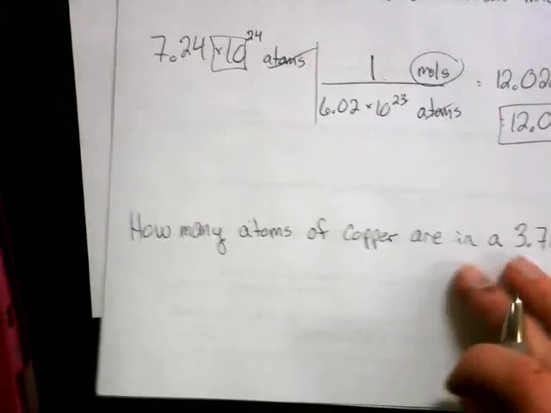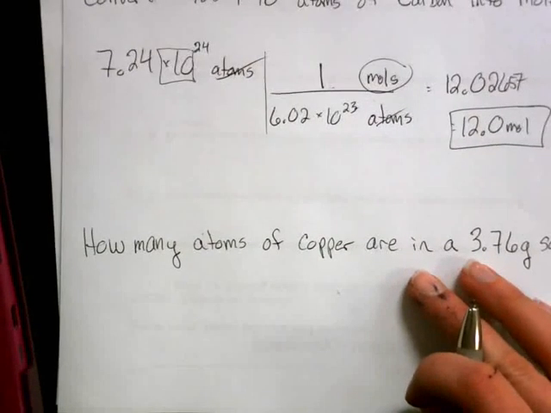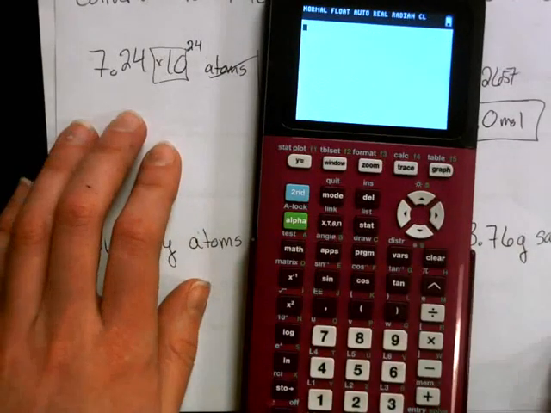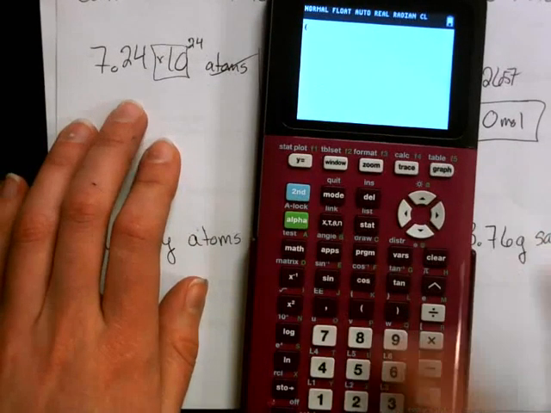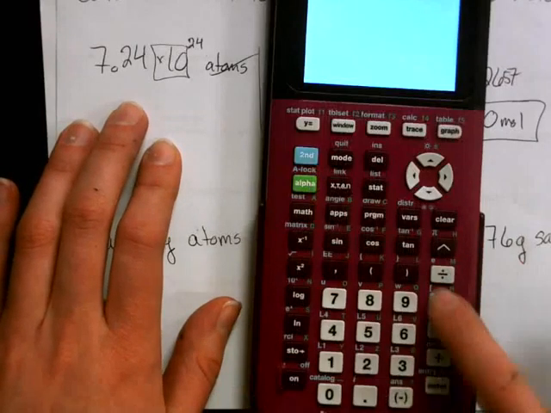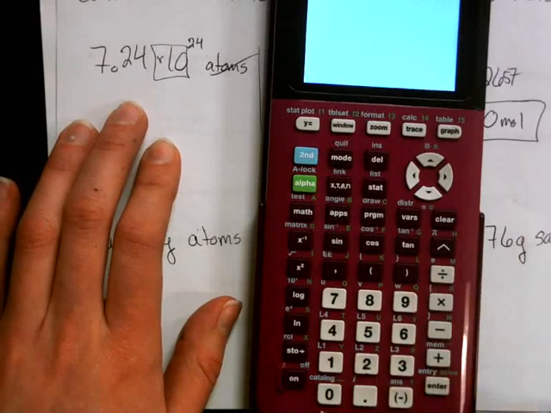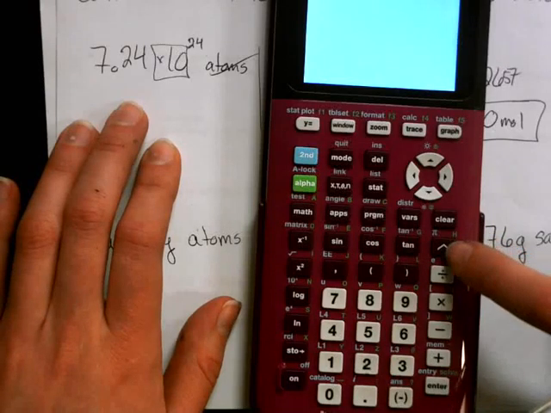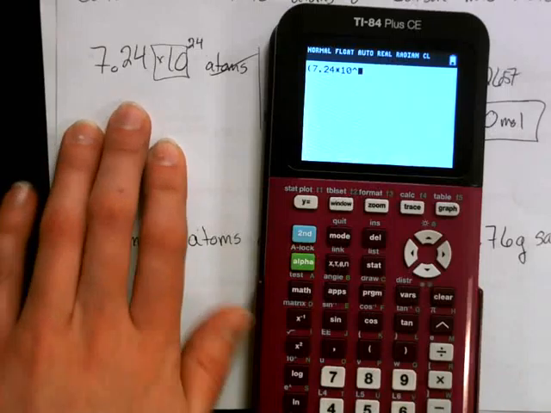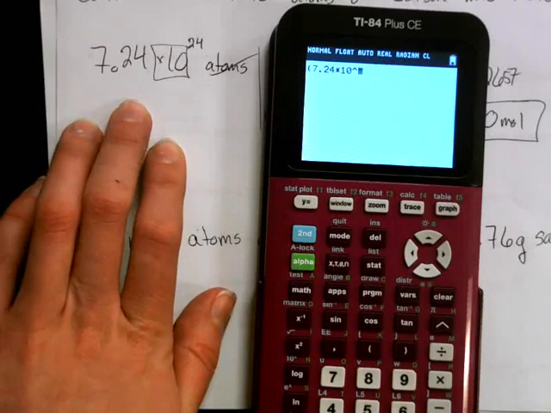Now, if we want to check that with parentheses, just to make sure that you're plugging it in correctly, parentheses 7.24. A lot of students just like to do times 10 and then use this little caret to give the exponent. That's fine as long as you put it in parentheses.